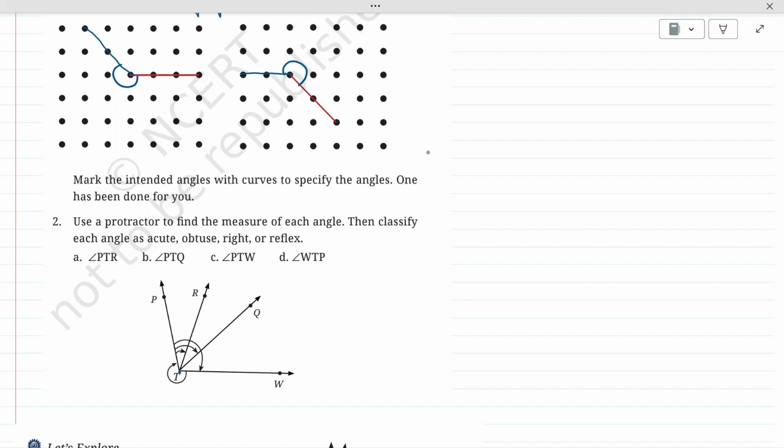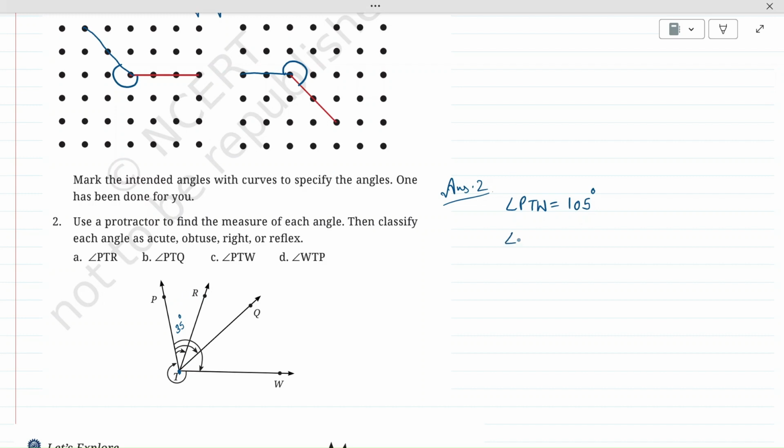Okay. So I am writing here the answer: angle PTW will be around 105 degrees when measured with a protractor. Now we have to see what angle PTR is. For this, I'm going to keep the center of the protractor here and one line in line with TR. So this ray will come around 35 degrees to the arm PT.